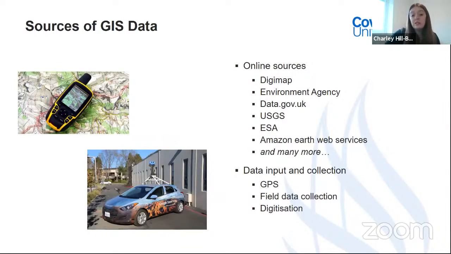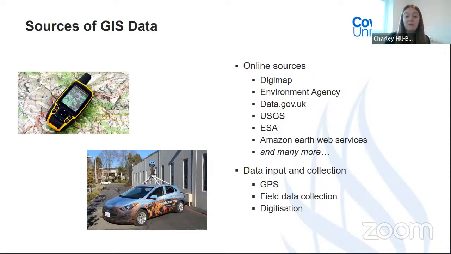If we look at the sources of information, this is already what I've mentioned. Sources such as GPS, field data collection using a GPS receiver, or obtaining this information from other sources. So the government through census data, Digimap, which contains OS or Ordnance Survey data, the Environment Agency, and even more international sources such as the USGS and the European Space Agency.